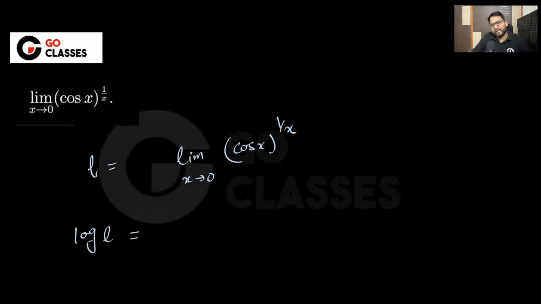The way you have derived, you will be taking it as L. Let's suppose this is limit x tends to 0, cos x power 1 upon x. Then take log on both sides. Okay, log L is equal to this limit. We can put the limit at the end. I mean, it won't matter. So I will be putting this limit x tends to 0. This is log of this, which is 1 upon x into log of cos x.